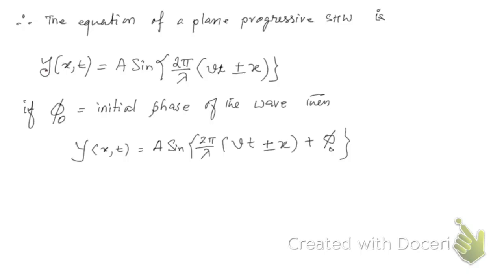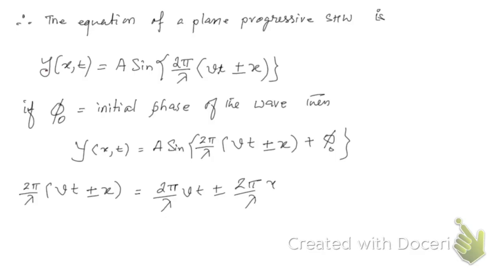Now you see what we can do. One more thing, it can be written in this form as well. So let me take this part. If we open the bracket, we're going to get this, plus minus 2 pi x by lambda.